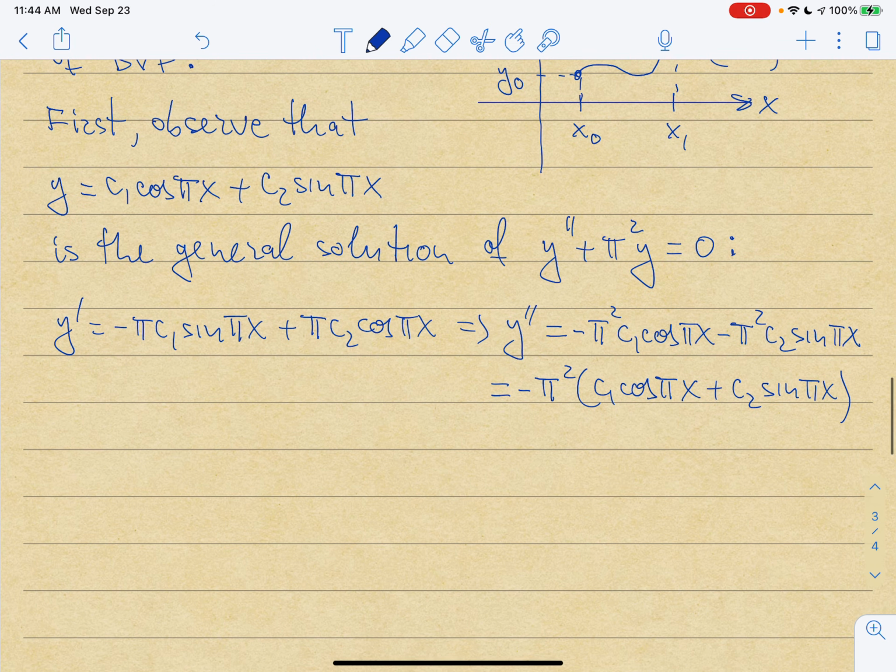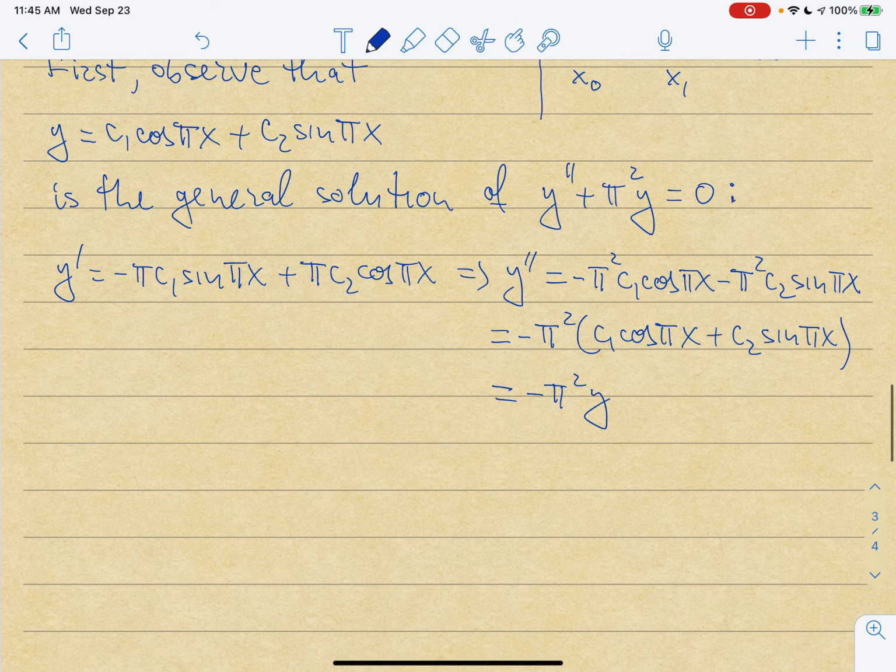So this can be written as minus pi squared times y. But if y double prime is equal to minus pi squared times y, bringing pi squared y to the left side, you will get y double prime plus pi squared y equal to 0, and that's your ODE. So this checks out.